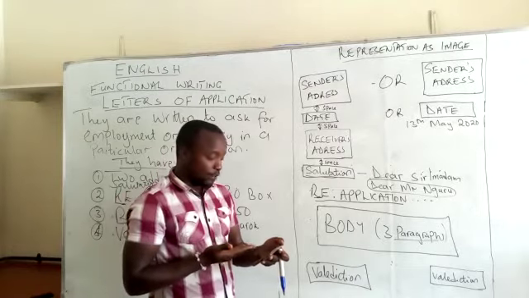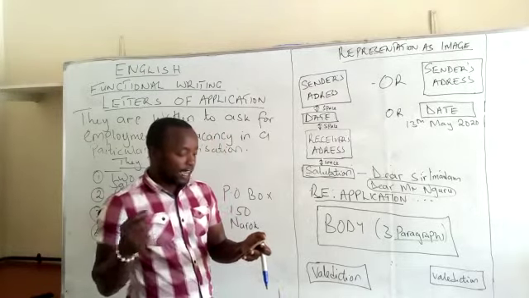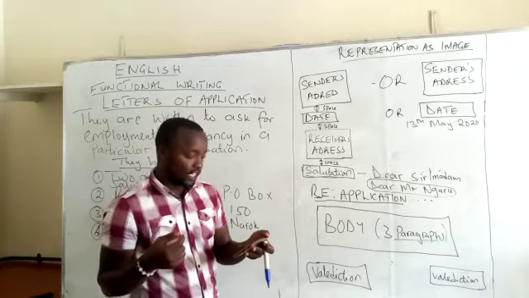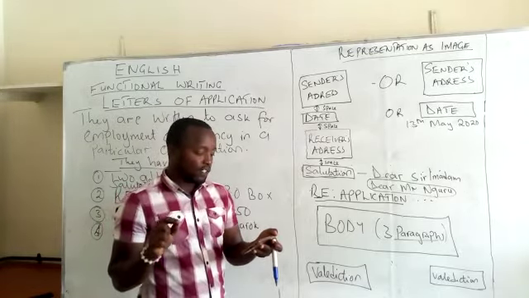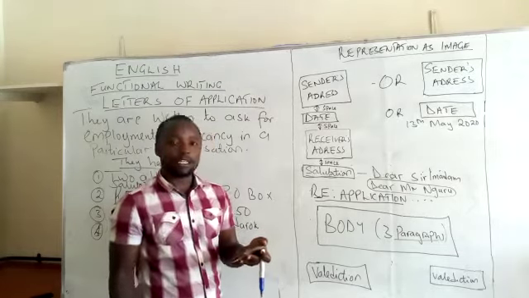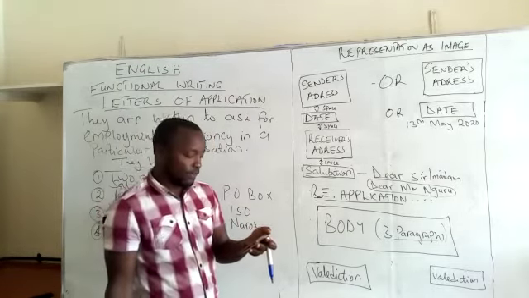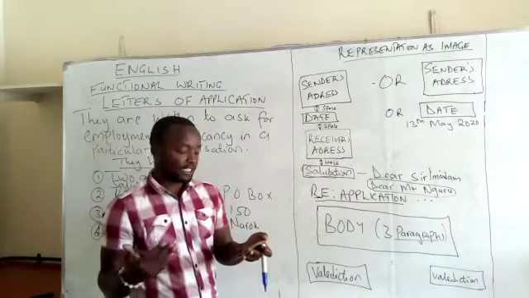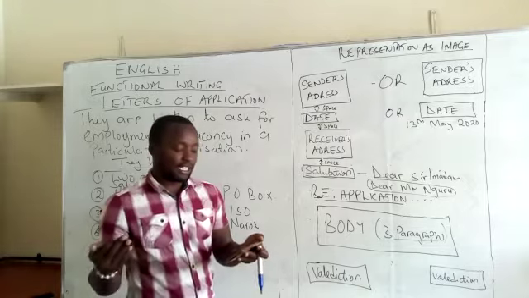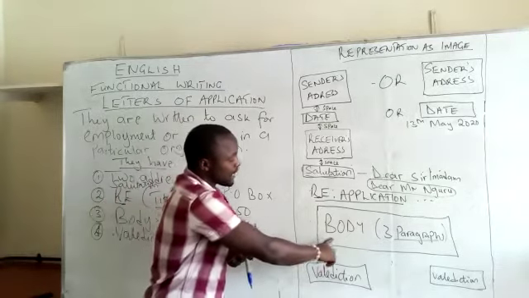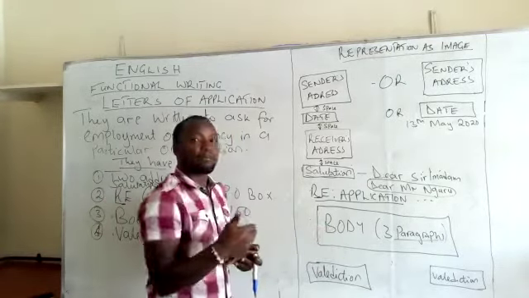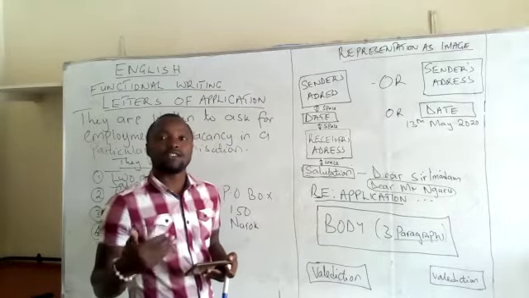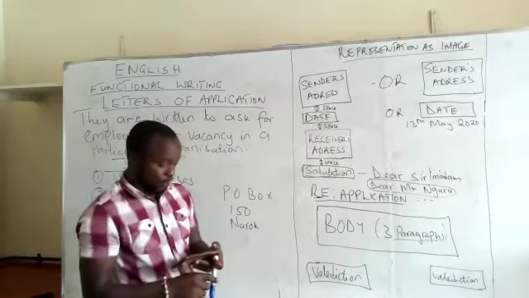In this example of ours, this person says, I am a TSC registered history and Christian religious education teacher, and I completed my Bachelor of Education degree from Laikipia University in the year 2015, graduated the same year with a second class honors upper division. My TSC number is this and this. So you get to know that the body is mentioning the reason why this person feels that they fit or they should be granted that position.